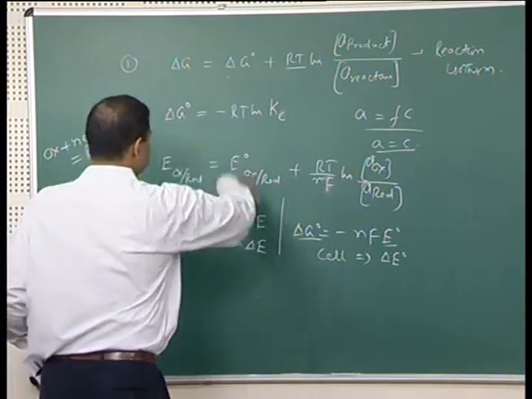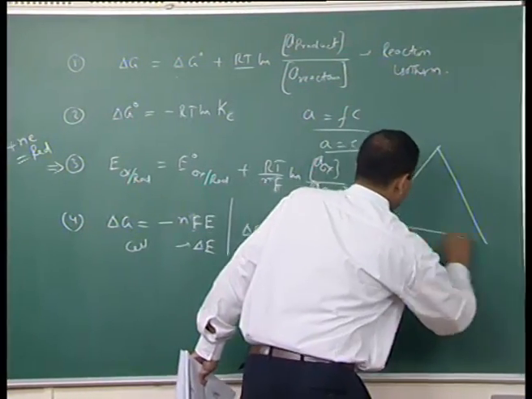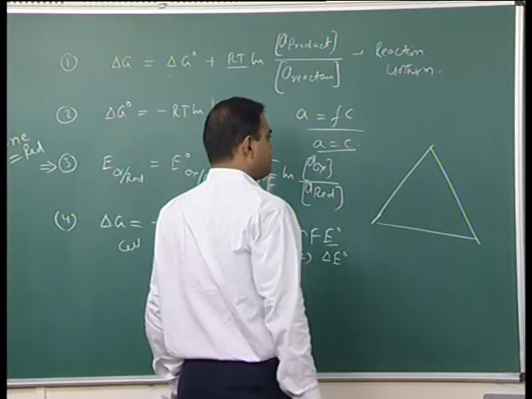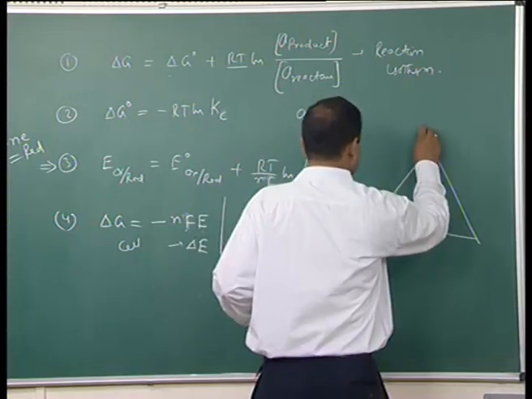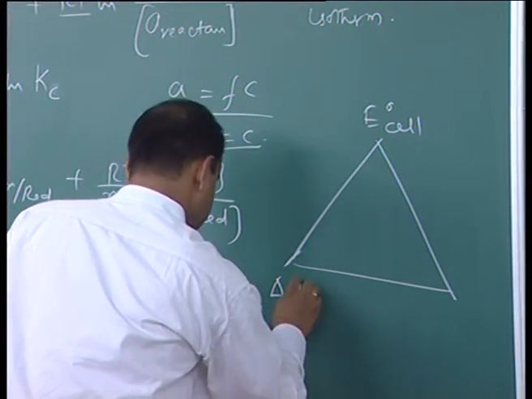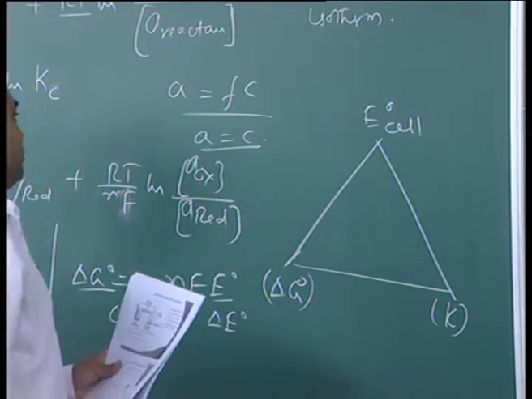Now, with this equation we have also come across a triangle, for a particular reaction, and if it is a redox reaction, then we can have this triangle: E0 cell, del G0 and K, which is the equilibrium constant.